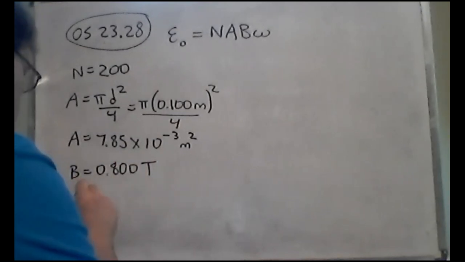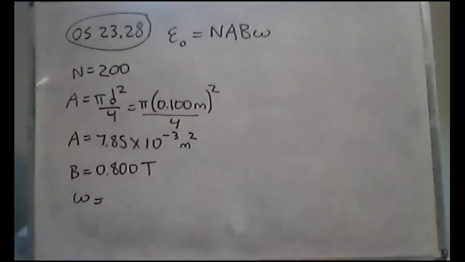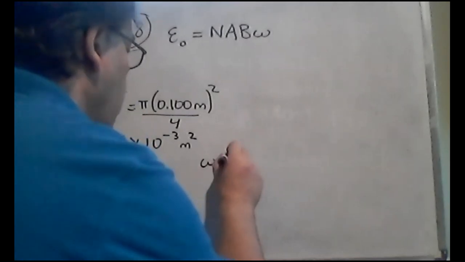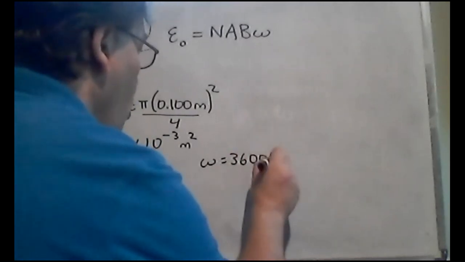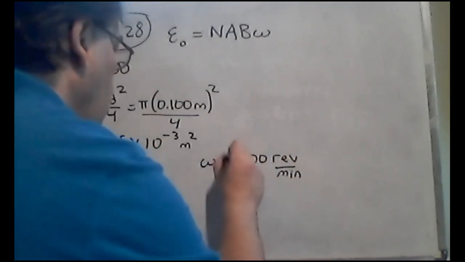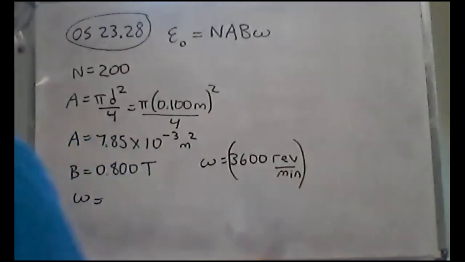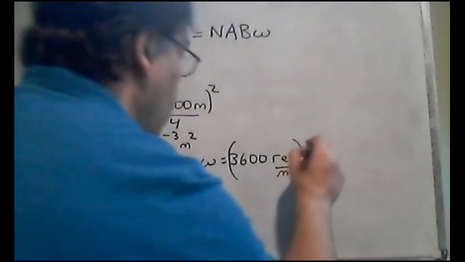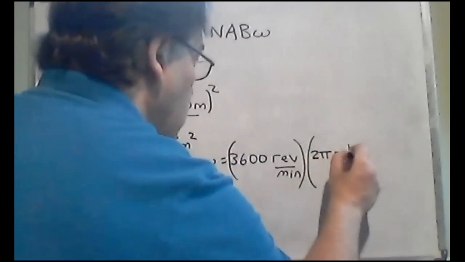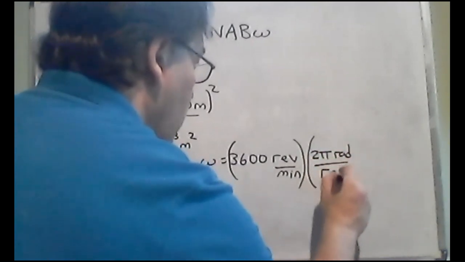And omega, what's that? Well, I'm given that in RPM. That doesn't help me quite yet. I have to convert, right? So they're giving me omega as 3,600 revolutions per minute. Again, this goes back to kinematics. I want radians per second, so I need to get rid of revolutions. There's 2 pi radians in a revolution.